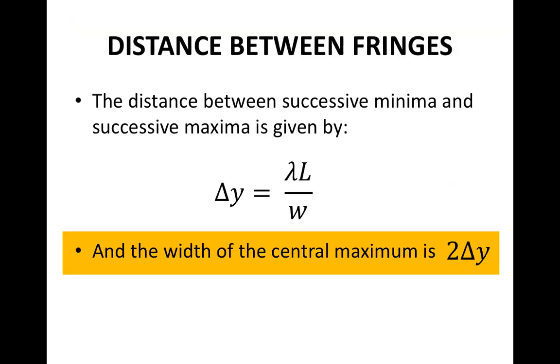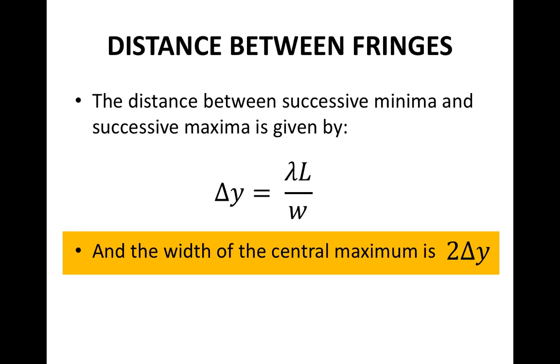And then the distance between fringes, we have an equation for that. So the distance between successive minima or successive maxima is given by delta y equals lambda L divided by W. And the width of the central maximum is 2 delta y. That would be for maxima to maxima, or minimum to minimum, unless you're talking about the width of the central maximum.